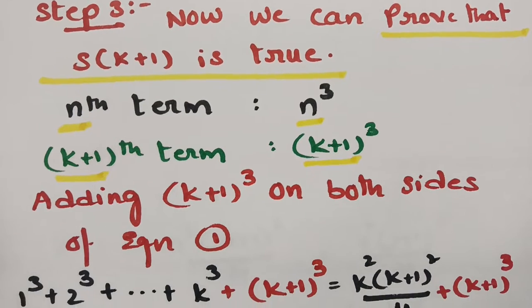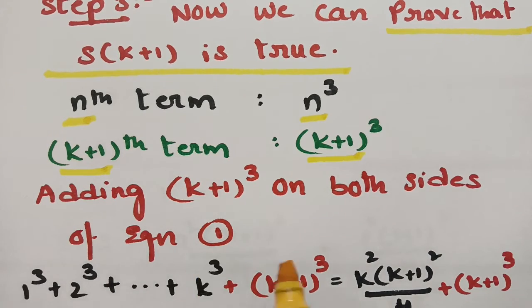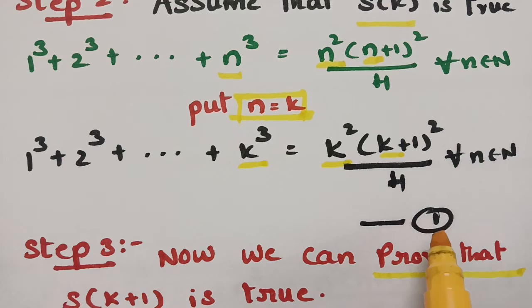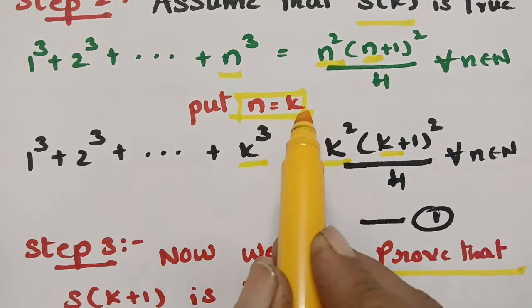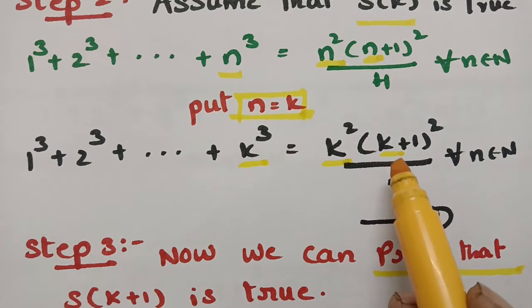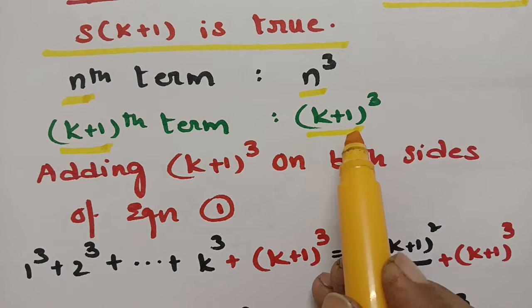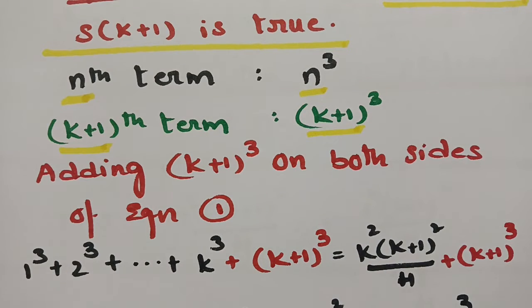Now adding this (k plus 1)th term on both sides of equation 1. What is equation 1? Equation 1 is what we got after keeping n equal to k. In this equation, we have to add the (k plus 1)th term, which is nothing but (k plus 1) whole cube.